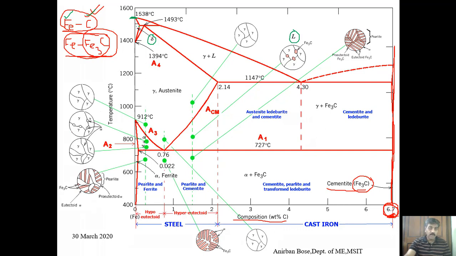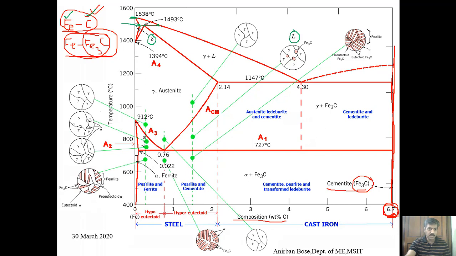Now one very important thing that you have to remember, this part first. Okay, let us draw this part. Now there are three important points, 1, 2 and 3. The compositions of these three points are important. What is the composition of this point?